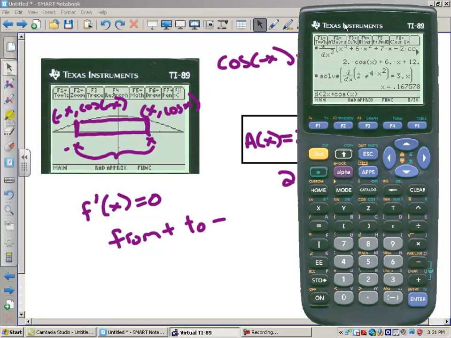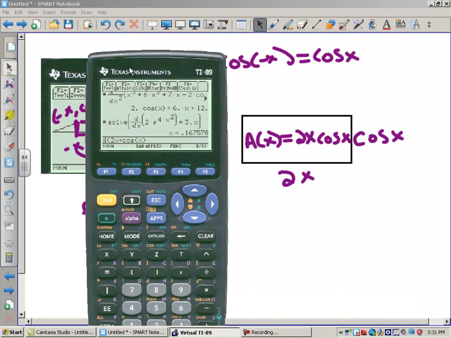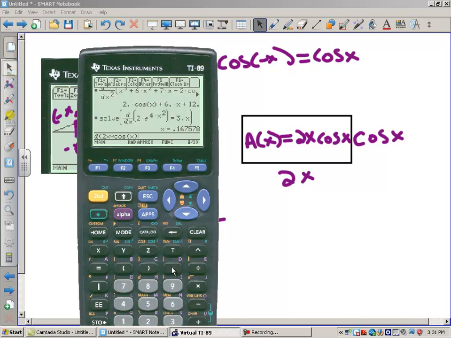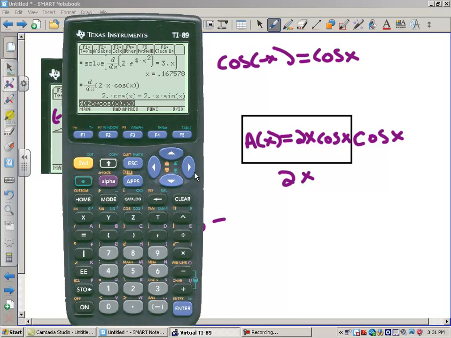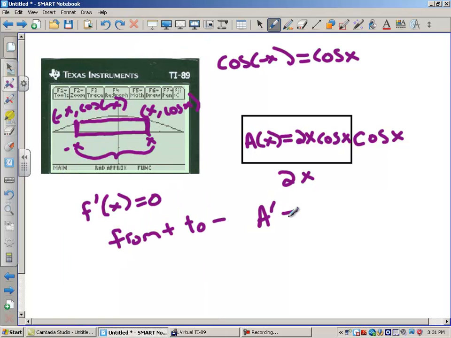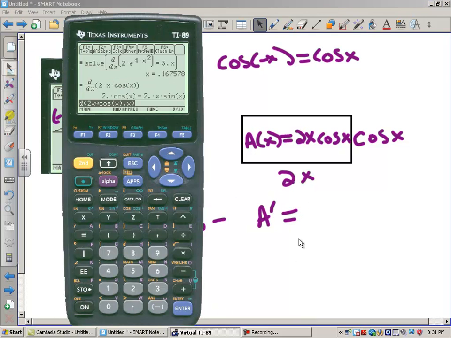So I want the derivative of 2x cosine x with respect to x. I just want to see what A prime is. I'm going to hit enter here. So A prime equals 2 cosine x minus 2x sine x.